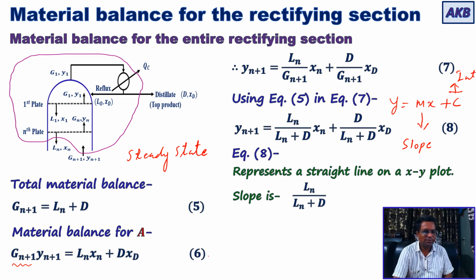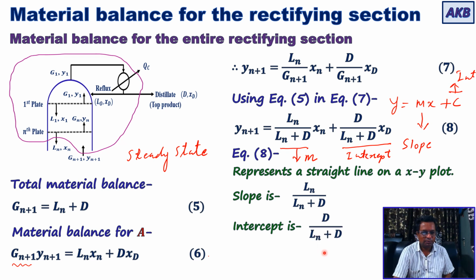So if you compare this form of line with equation 8, you will come to know that for this line slope is Ln upon Ln plus D, whereas this will be the intercept. So that's why equation number 8, which is representing a straight line, will have a slope of Ln upon Ln plus D. Then intercept is D upon Ln plus D into xD.